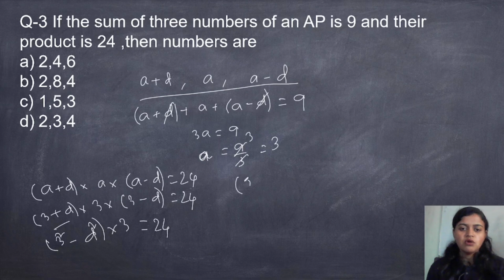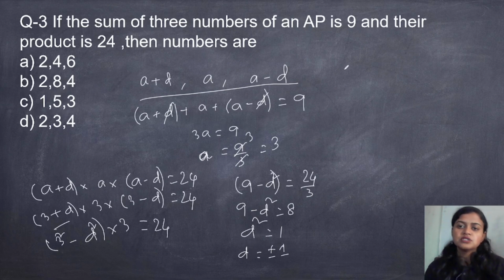So 9 minus d squared equals 24 by 3, which means 9 minus d squared equals 8. So d squared equals 1, meaning d equals plus or minus 1. Clear? So a equals 3 and d equals plus or minus 1.